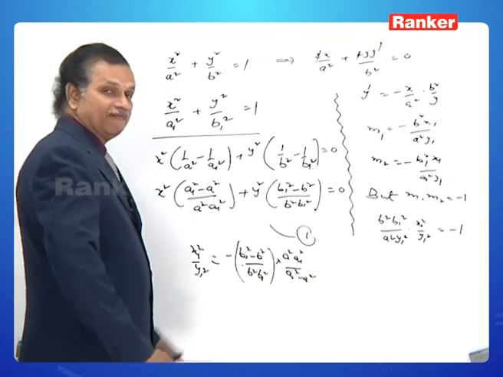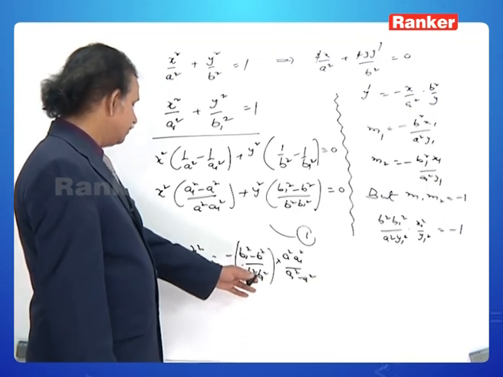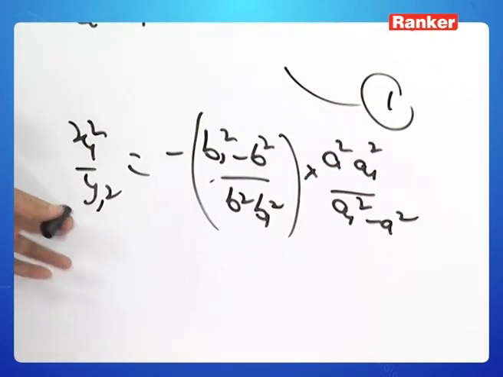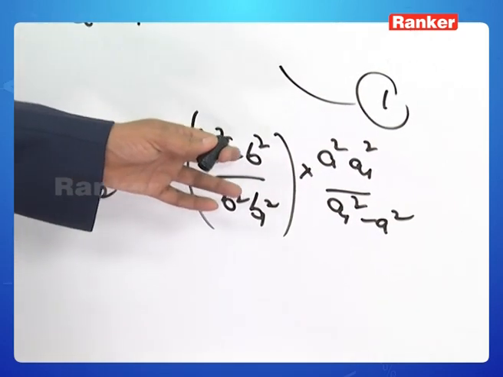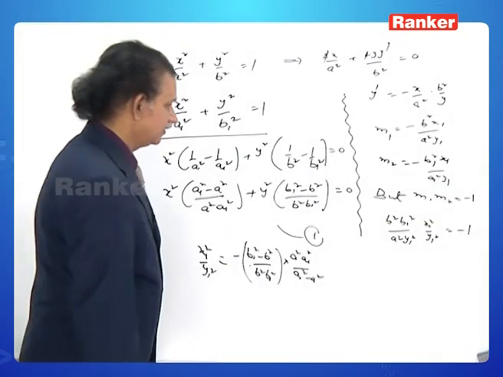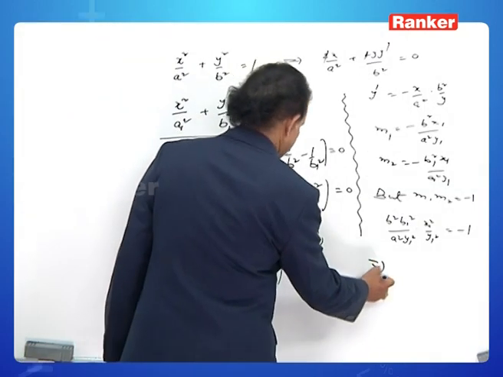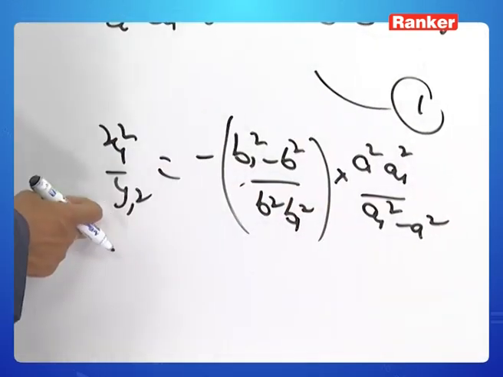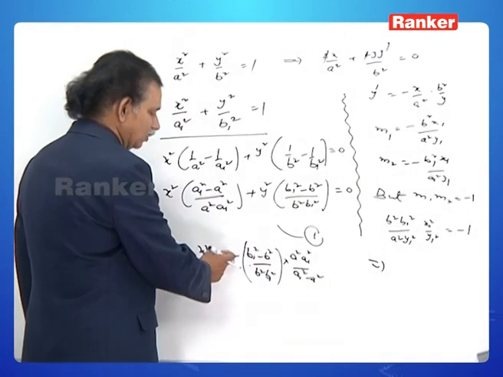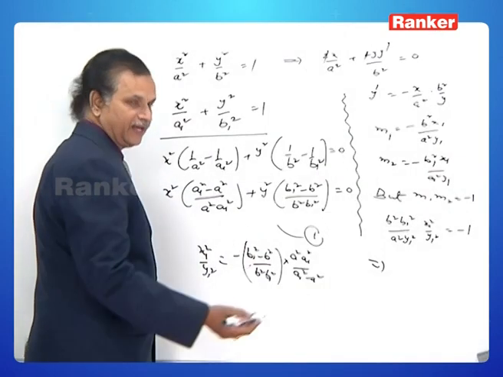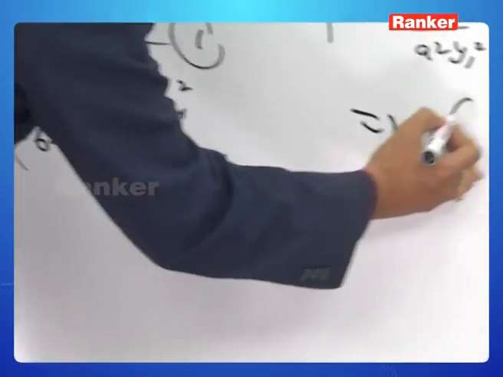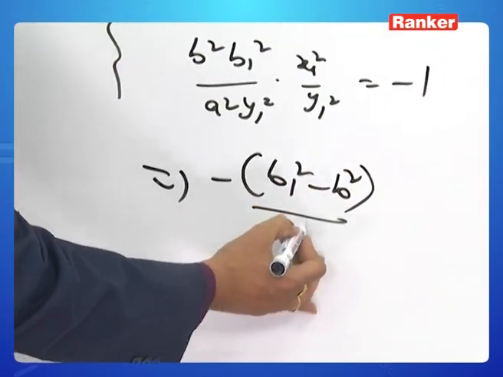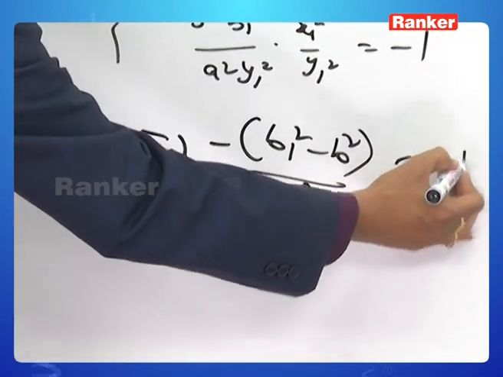Good. From this, you can have b square b1 square x1 square by a square a1 square y1 square is equal to minus of (b1 square minus b square) by (a1 square minus a square), which is equal to minus 1.